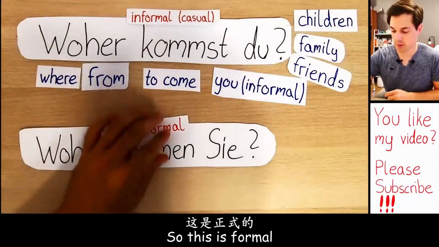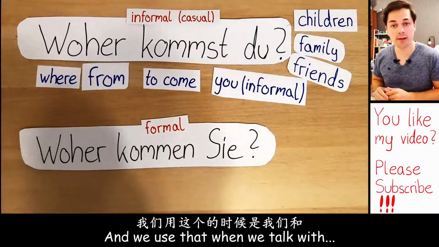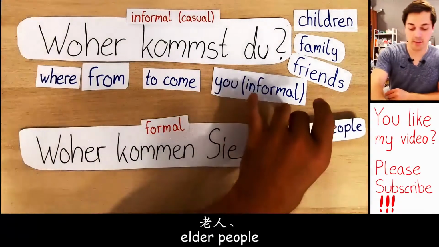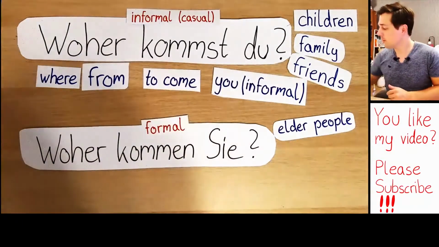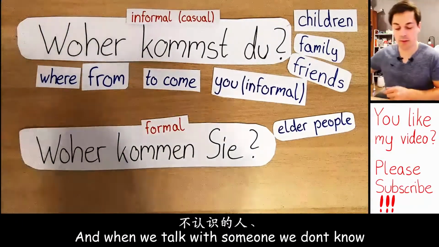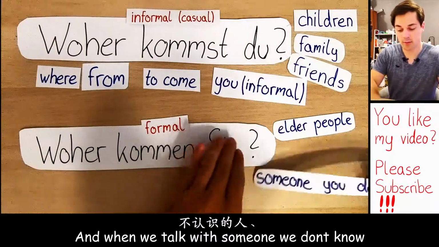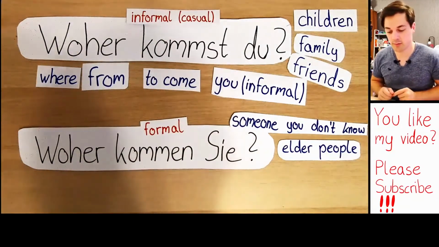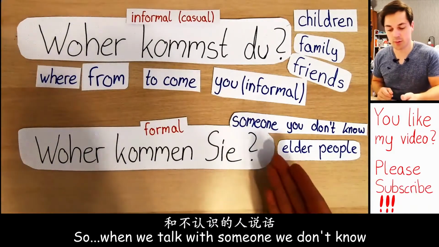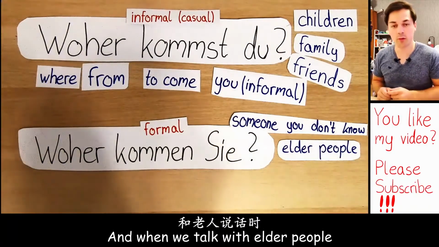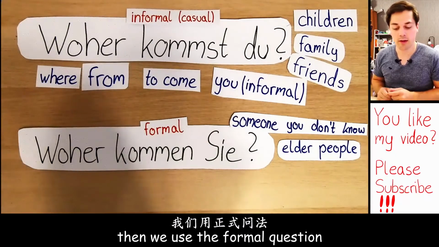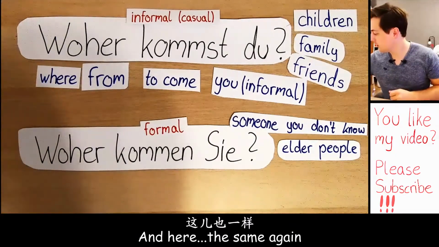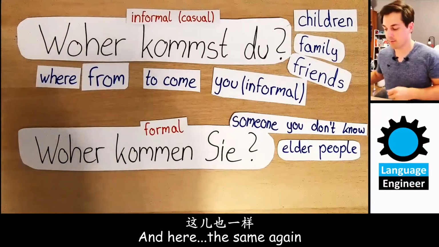And we use that when we talk with elder people, and when we talk with someone we don't know. So when we talk with someone we don't know, and when we talk with elder people, then we use the formal question.